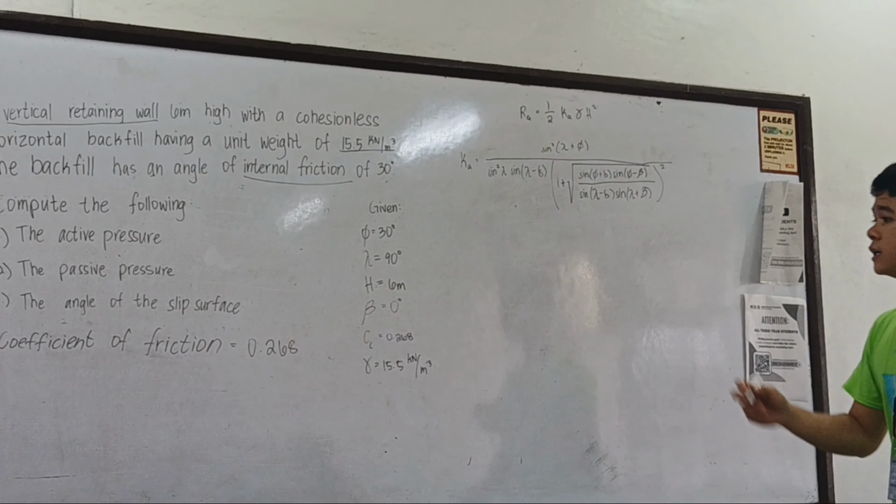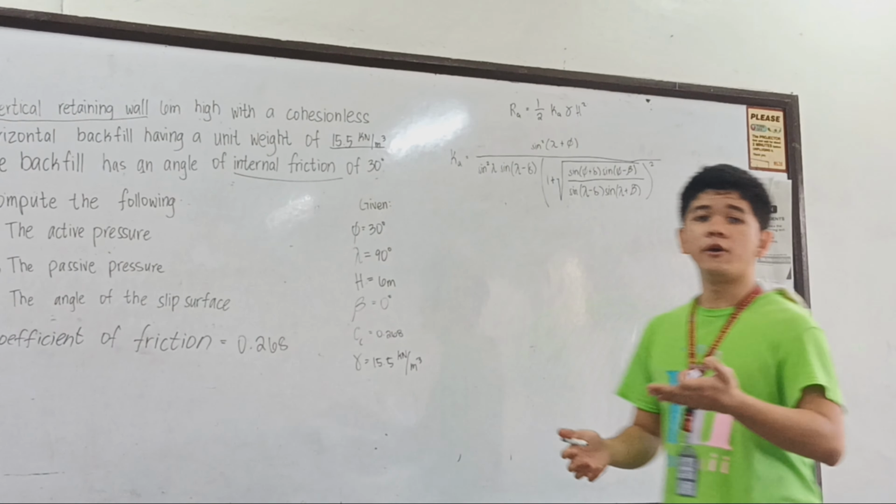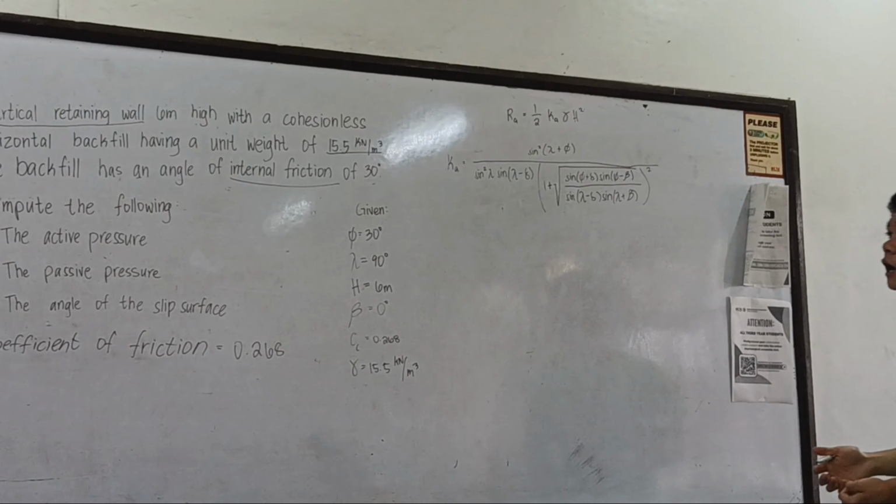The coefficient of friction between soil and wall means it is the tangent of our angle.